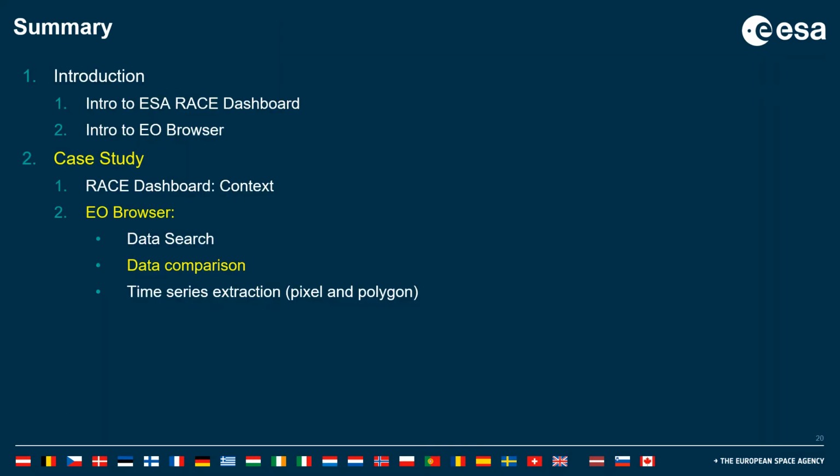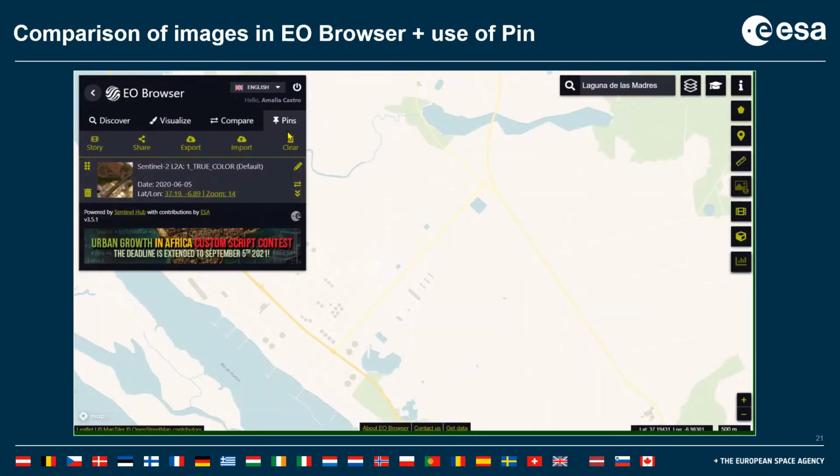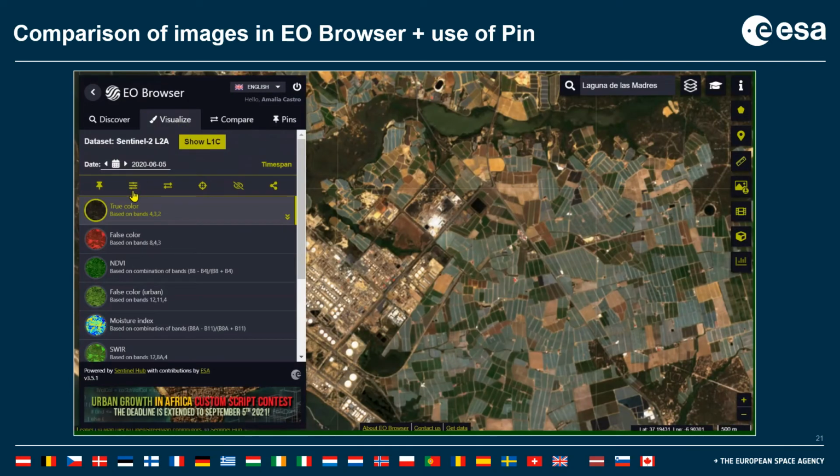Okay, we have now searched the data, so let's move into the data comparison. So we save the image as a pin so that we can access it quickly in the future if we want to. And we add it to the comparison panel, which is here on the top.